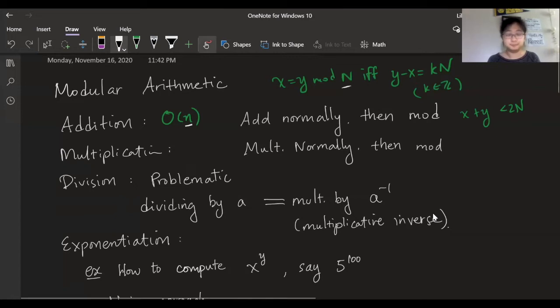All right, so what about multiplication? Same thing, right? You multiply normally and then shave off copies of n until you get something that's smaller than n. That's going to be mod n. When you're multiplying two numbers that are smaller than n, you get something that's smaller than n squared. So in the worst case scenario, you have to shave off about n copies of n.